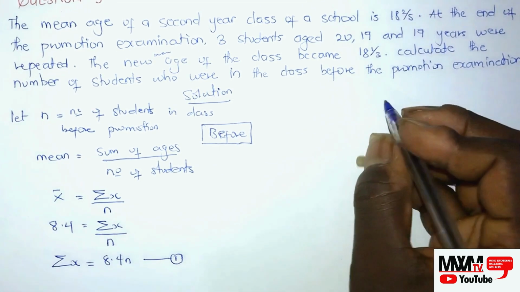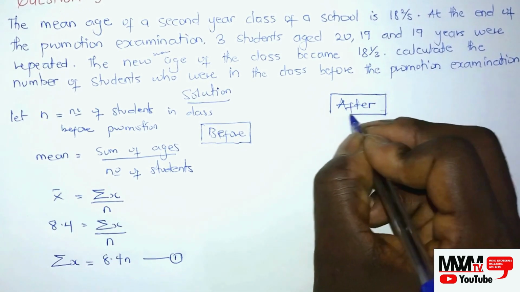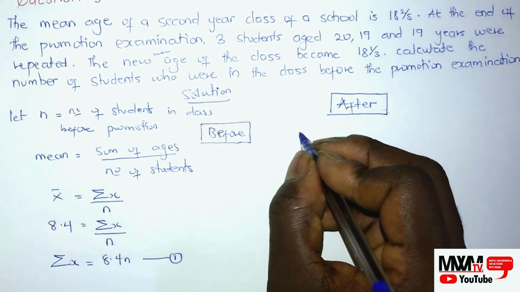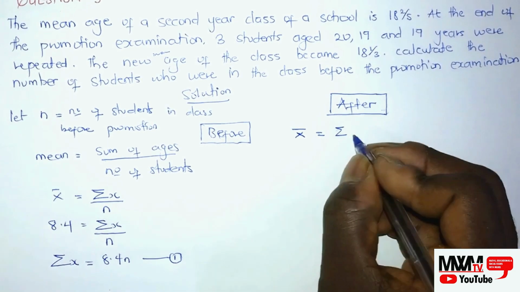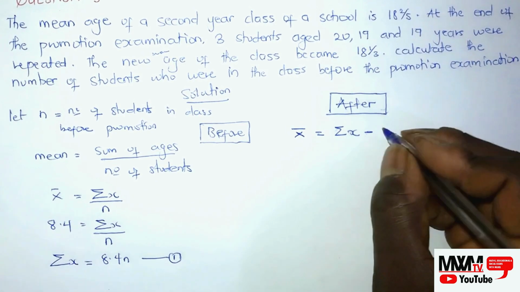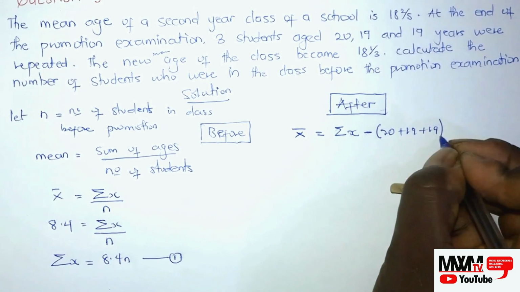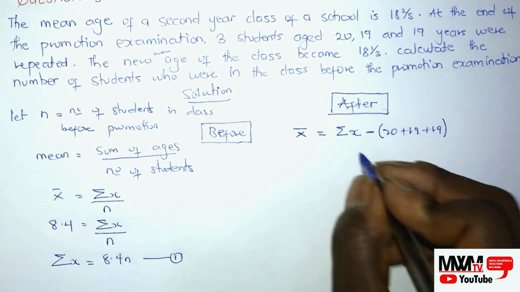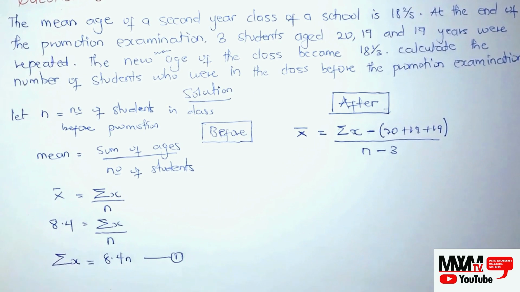Now let's do after. So this is before the examination, now after the examination. Now the mean is equal to the sum of the ages. This time around, there was a repetition and 3 students were repeated and their ages are 20 plus 19 plus 19. So we will add these ages and subtract from the sum of the ages. And everything here is divided by n minus those 3 students.